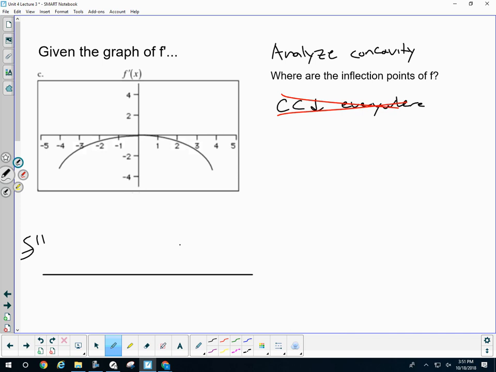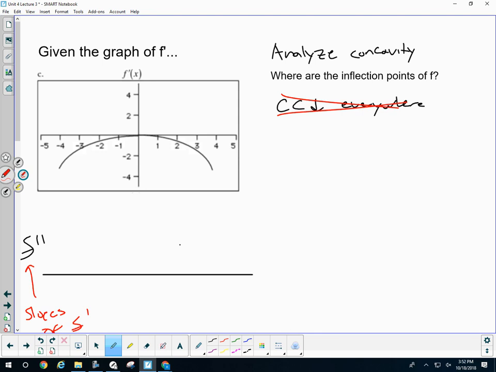Slopes. Slopes of what? Tangents. To find the values of f double prime, we need to look at the slopes of the tangents to f prime. So even though I wrote down f double prime, I'm looking for the slopes of f prime.